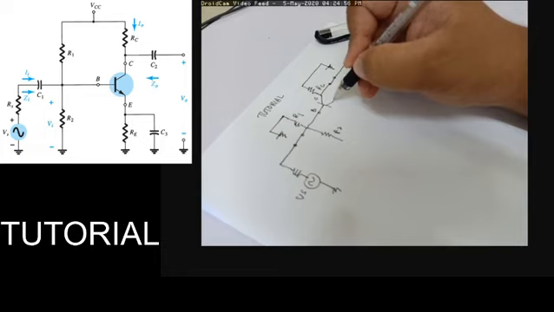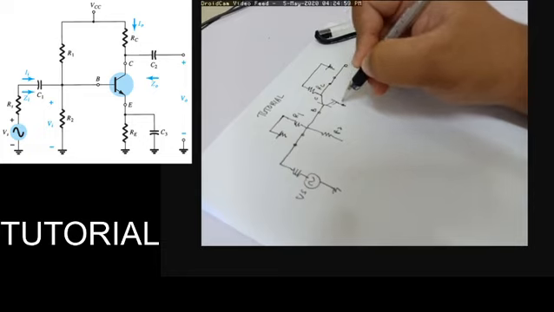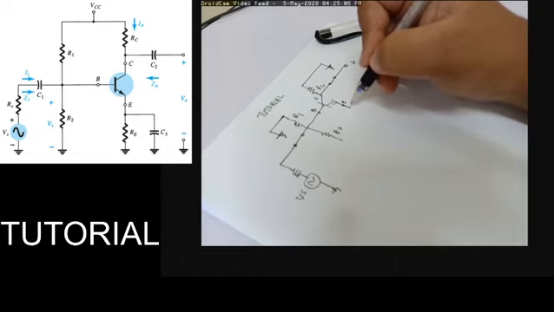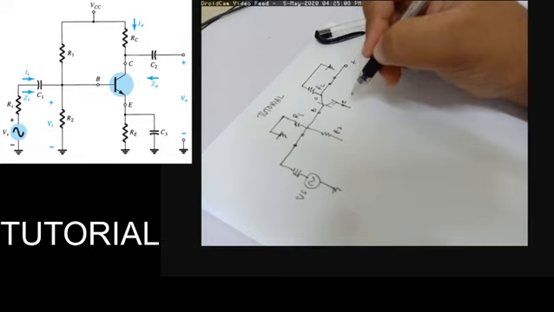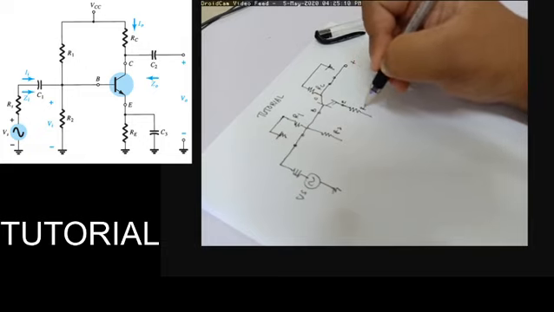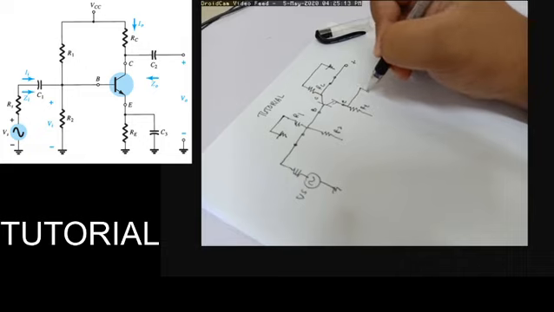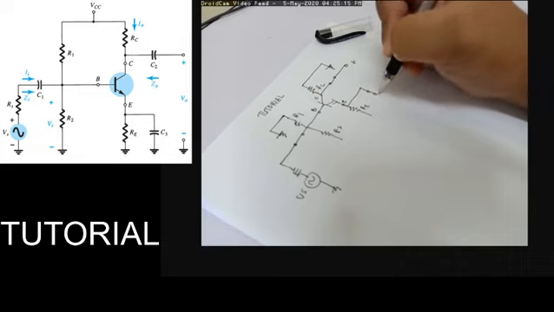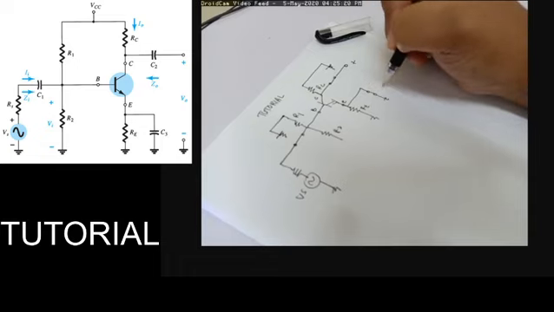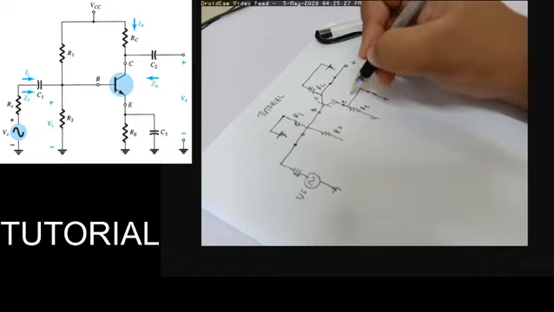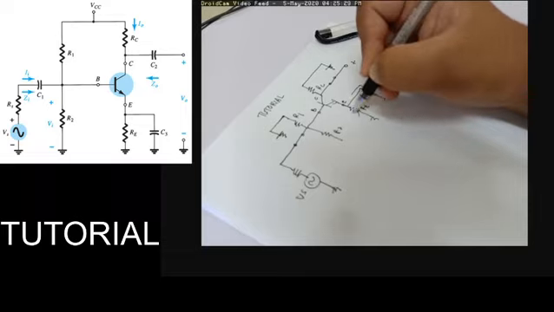Now we have the emitter side. This is the emitter, and we have RE here, and then we have a capacitor here. The capacitor we have to short. Once the capacitor is shorted, a short circuit, the current will go through this way, so this one we remove.